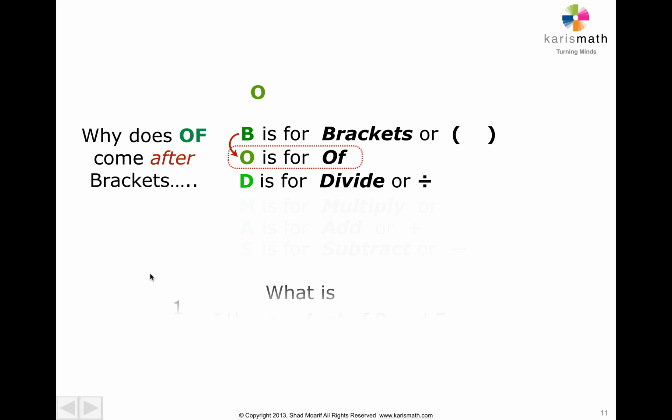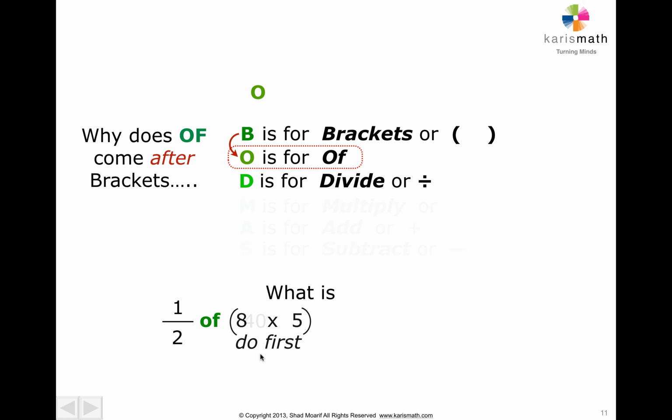Okay, suppose I give you this problem. What is half of the product of 8 and 5? What will you do? Won't you do the product of 8 and 5 first? Okay, so if you do the product of 8 and 5, it means 8 times 5 must be done first. So you put the brackets inside because you know that's what you're going to do first.